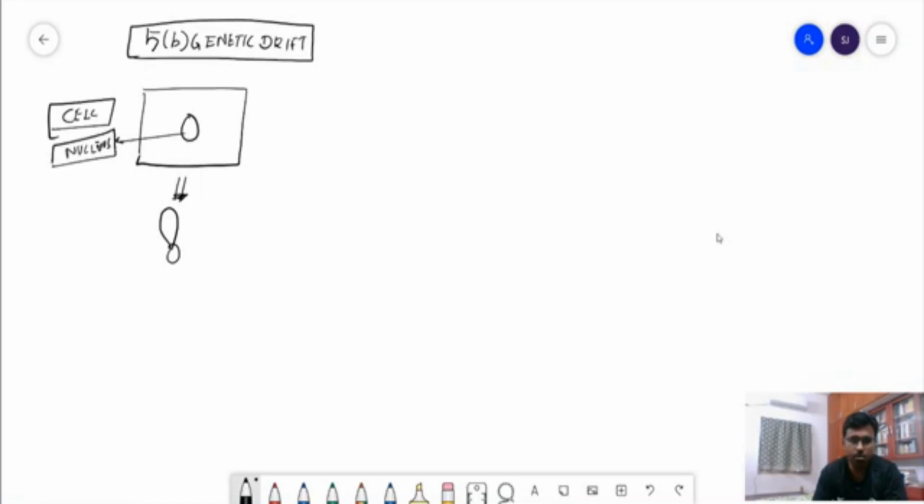You will have a cell, and inside that cell there is a nucleus, and if you zoom into that nucleus, you will find something called a chromosome, and this chromosome will have a ladder of nucleotides which are called genes.